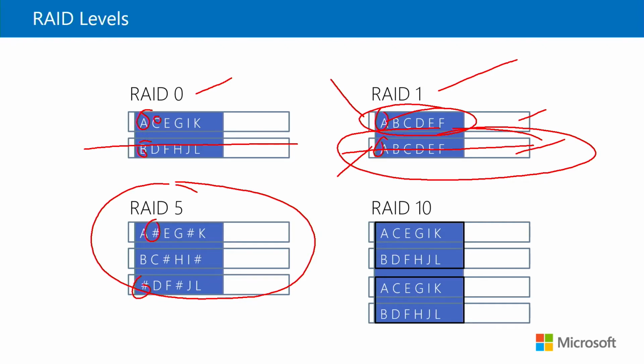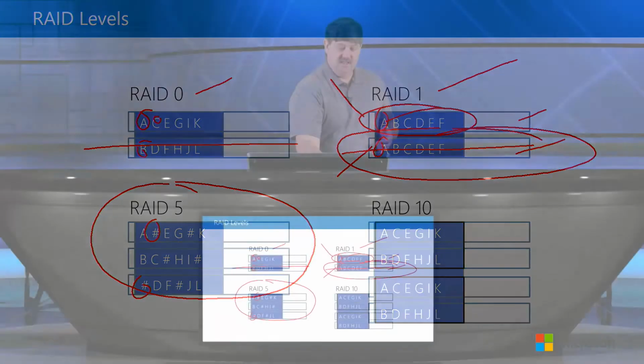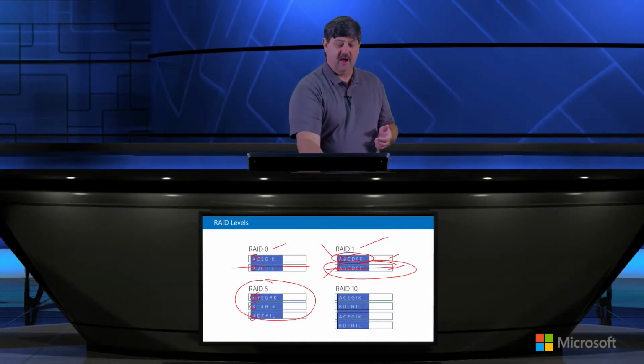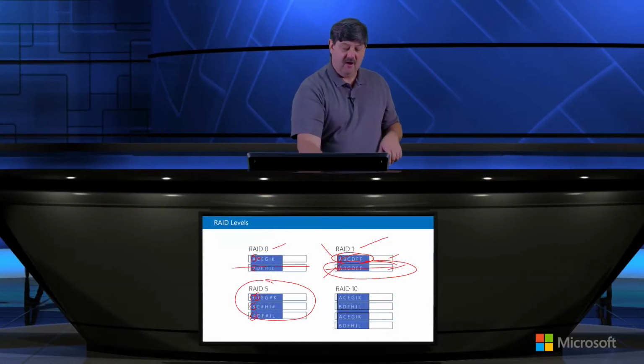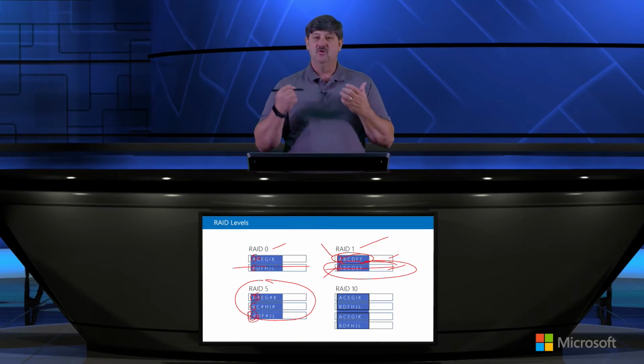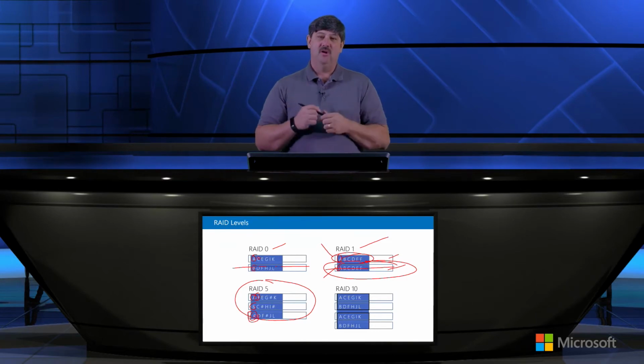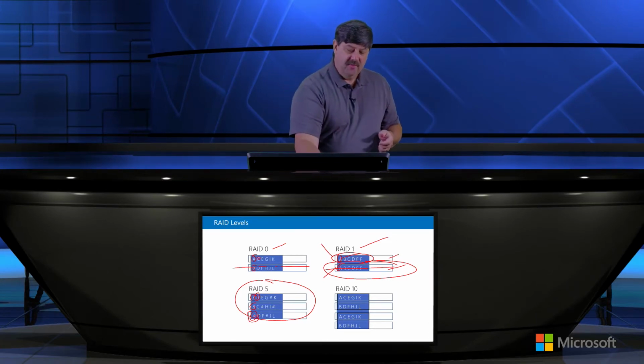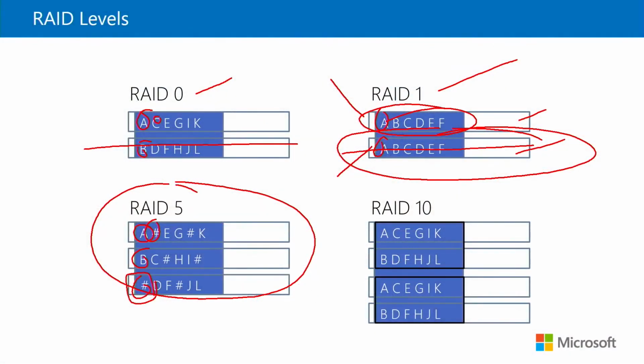So if I were to write my data, you can see that block A goes on disk 1 and block B goes on disk 2, and then parity data is written on disk 3 to help me recover in case I lose either disk 1 or disk 2. Then the next time we write the stripe, that's called a stripe, we put the parity data on drive 1, then block C on 2 and block D on 3.